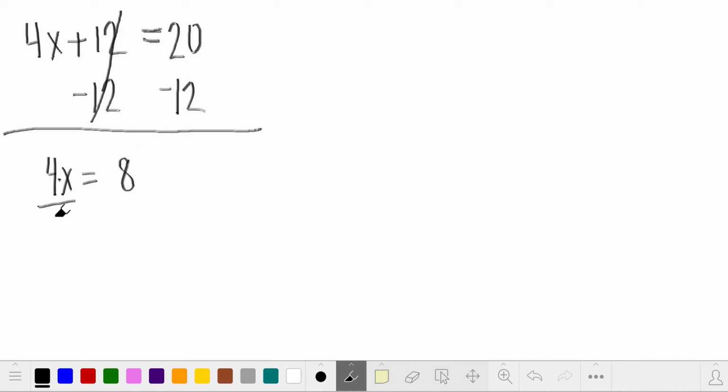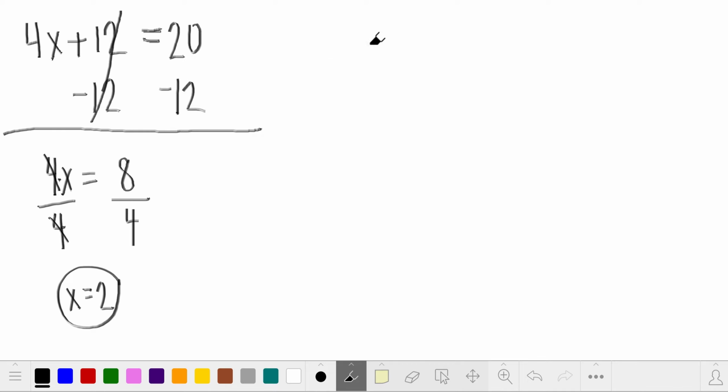The opposite of multiplication is division, so I divide both sides by 4, and then it'll cancel here, and you get x is equal to 2. So two steps here in order to get to the solution.